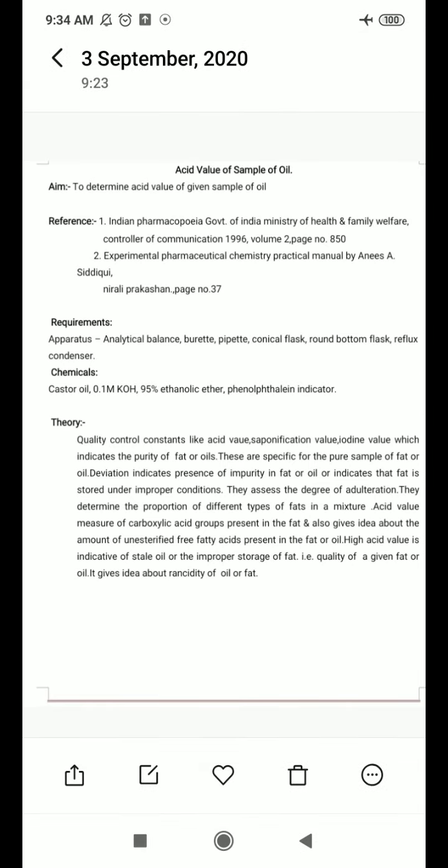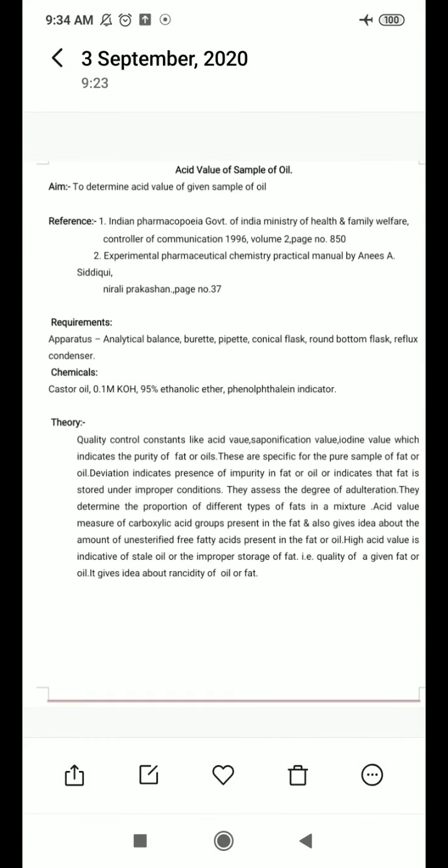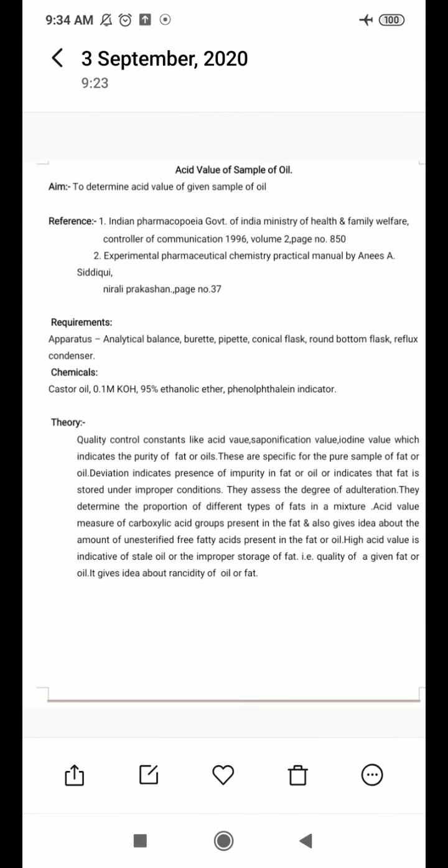Then the theory. In the theory, quality control constants like acid value, saponification value, iodine value indicate the purity of fats or oils. Acid value is a quality control parameter of your fat or oil.